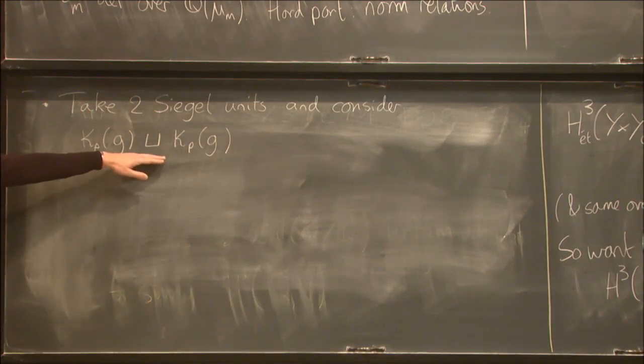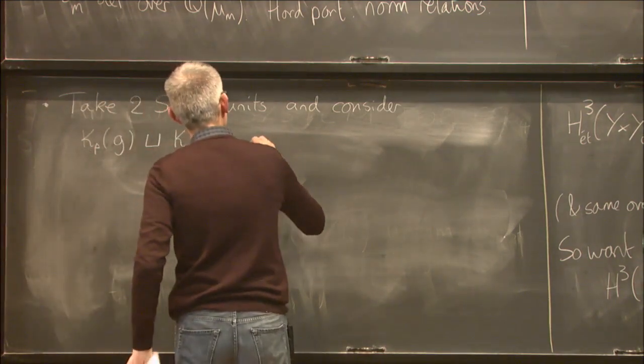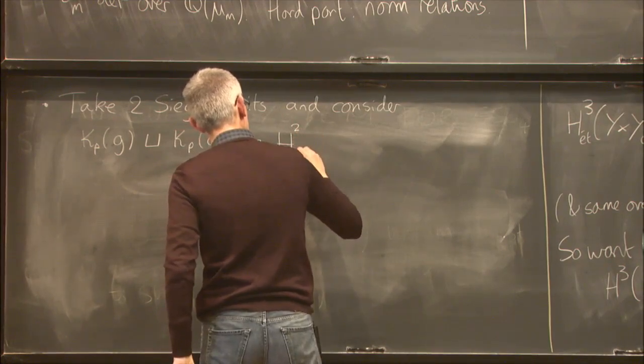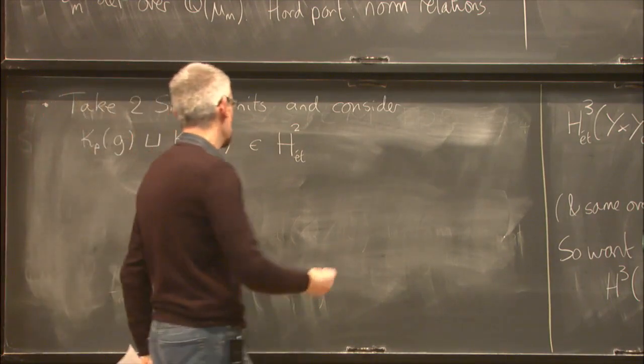So this is the exterior cup product of two cohomology classes on Y. And each one of these lives in H1 twist 1, so the product is in H2 twist 2.